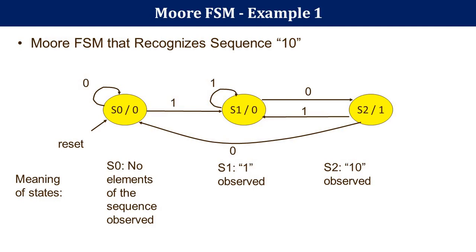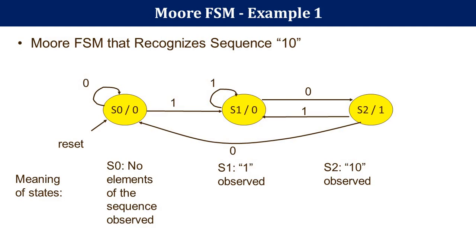When the input 1 of the sequence is detected, it will transit from S0 to S1. At that time the output is again 0, because the whole sequence is not detected. At the S1 state, when 1 is applied again, it will wait at the same state for the next bit of the sequence to appear.